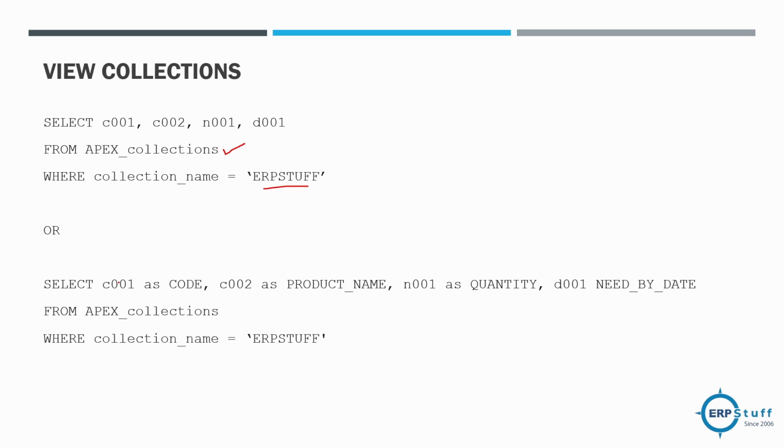Or you can name them like this, for example, just to make it easily readable, I will say C001 as my code, and this is my product name, this is my quantity, this is my need by date, and this is my collection name. That's it. Or you can create a view based on this, so you don't need to remember it every time for your query, as you like.